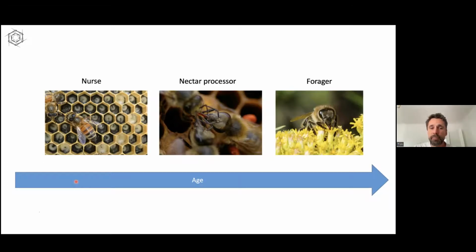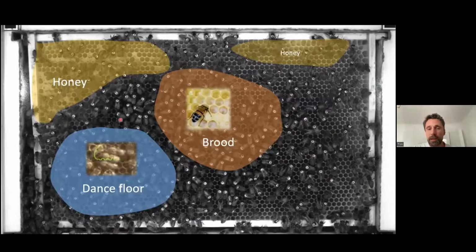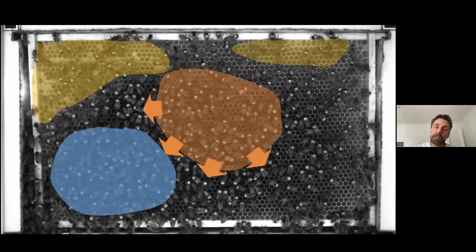Now, the cool thing about bees is that they are pretty organized spatially, right? So we have a part of the nest that is only used for the brood, and a part of the nest that the bees use for honey storage, and another part of the nest, as we saw before, for communication dances. Yeah? And so if you look at time and space, when bees emerge from the brood, they are in the center of the nest.